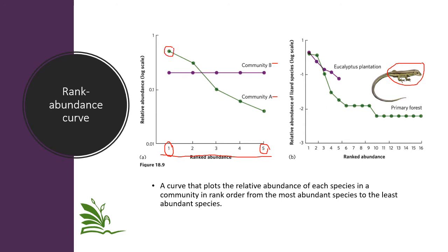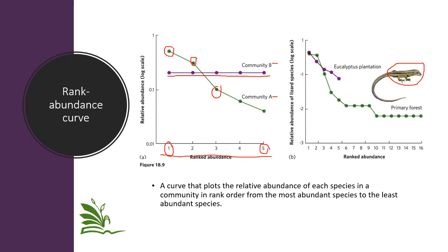And there are different species that rank as second most abundant, third most abundant, etc. In contrast, in community B, we see there's no difference in the relative abundance of 5 species, which is kind of weird, really kind of weird.